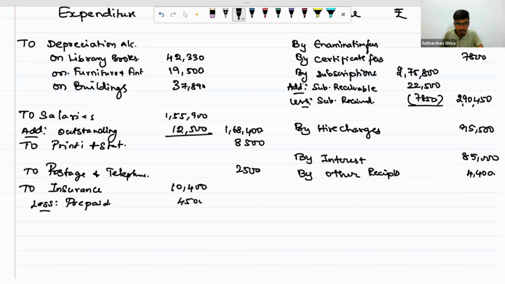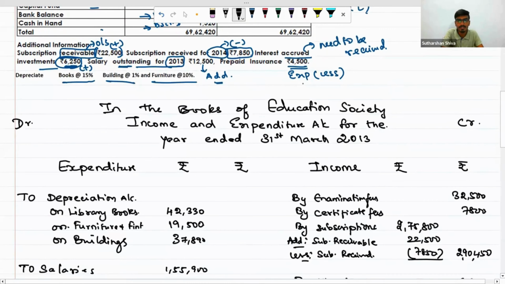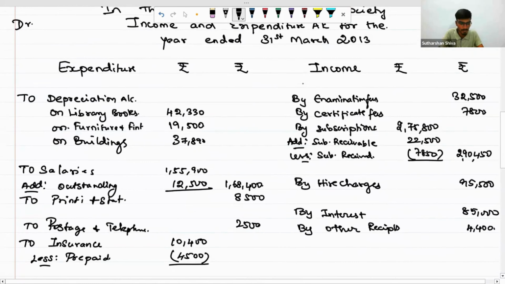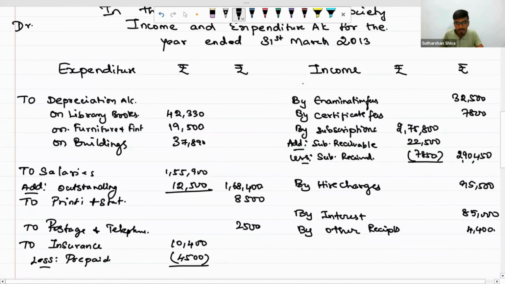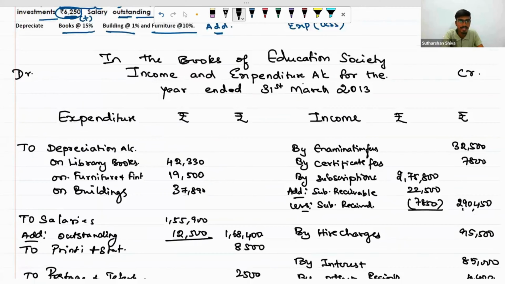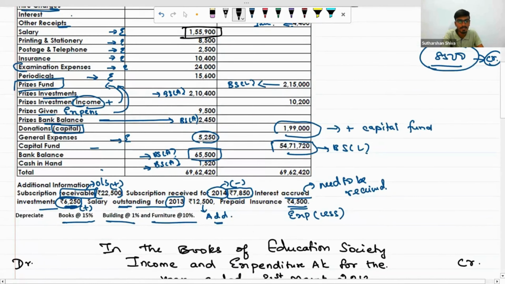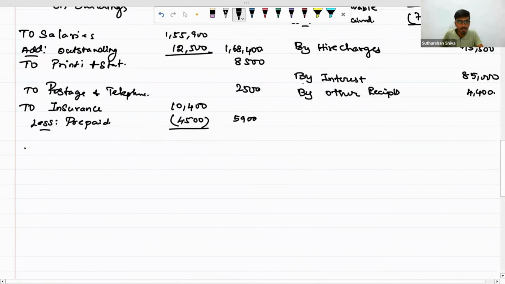That is 4,500 is a prepaid item which is given in the adjustments. Okay, that is 4,500. We'll subtract it from the expenses. We are left with 5,900.